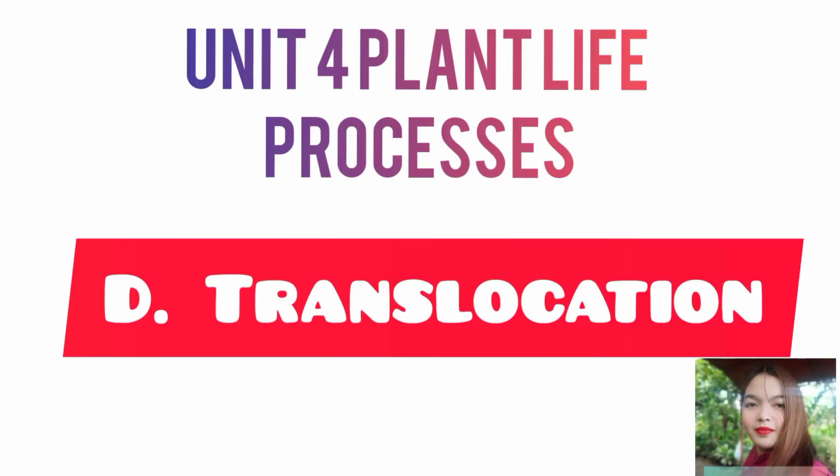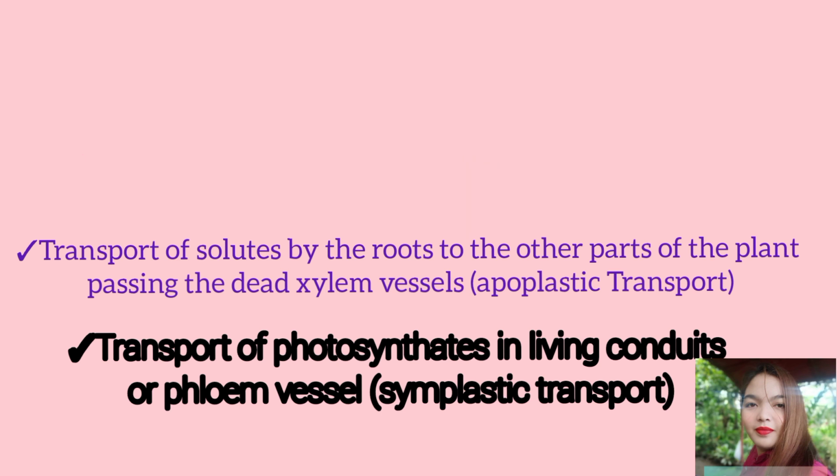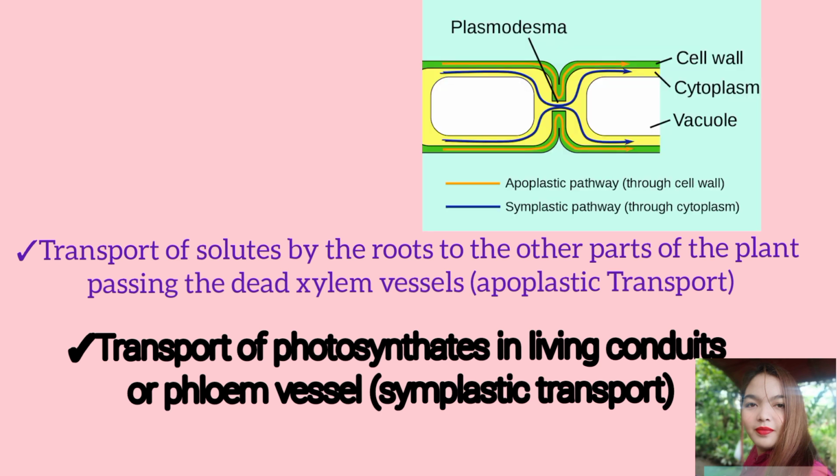And for the fourth topic for plant life processes, which is translocation. So what is translocation? First, it is a long-distance transport of photoassimilates. Second, it is the transport of solutes from the roots to the other parts of the plant, passing through dead conduits or dead xylem vessels, like apoplastic transport.